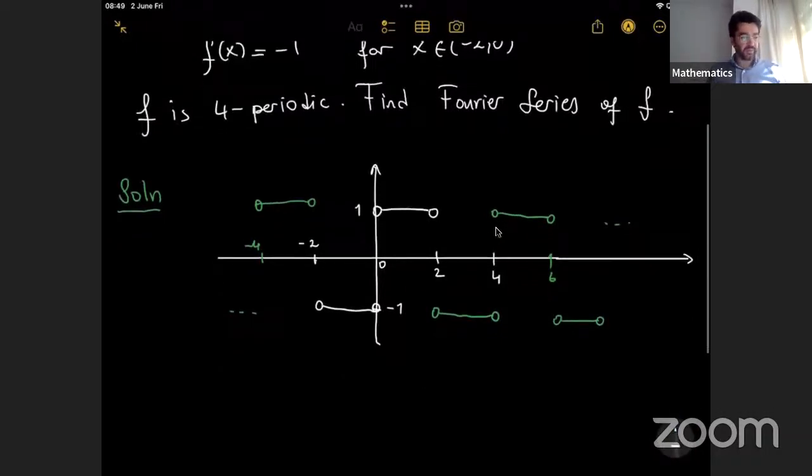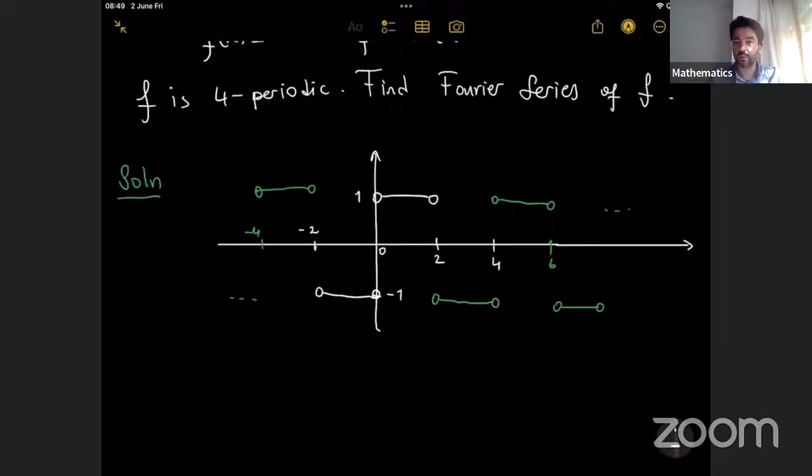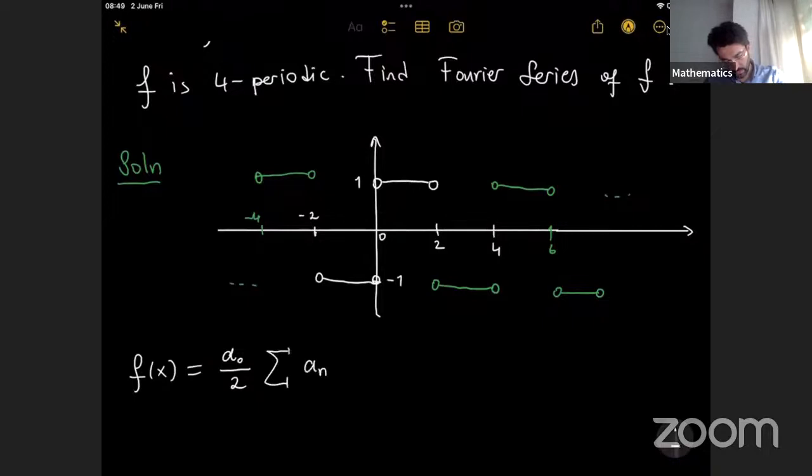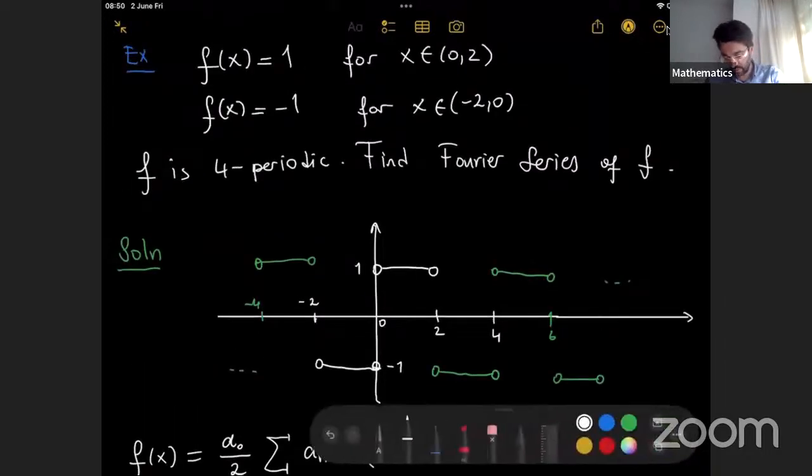Well, remember the Fourier series. The Fourier series is f of x equals a0 over 2, plus the sum of an cosine n pi x over, well, here, what is L?